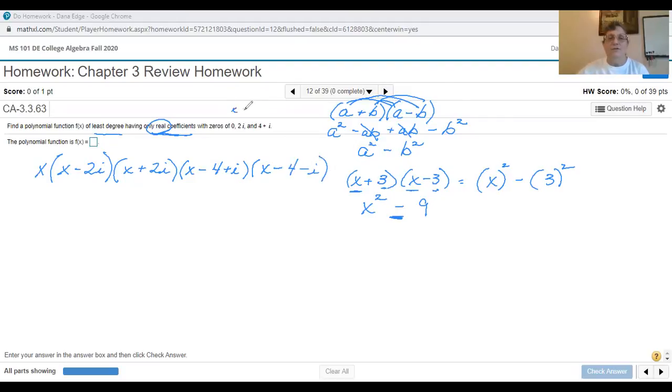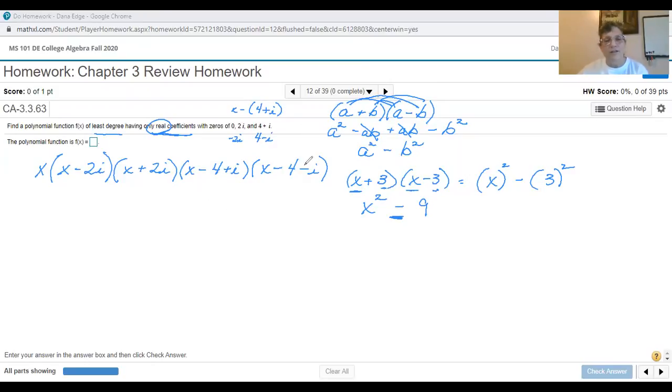We don't have to worry about carrying the negative through, because we're also going to have 4 minus i as a zero, just like here we had a negative 2i. Don't change the sign in front of the 4, you change the sign in front of the imaginary part. The conjugate of 4 plus i is 4 minus i. The conjugate of 0 plus 2i would be 0 minus 2i.